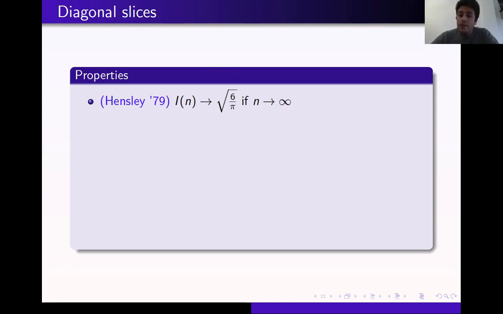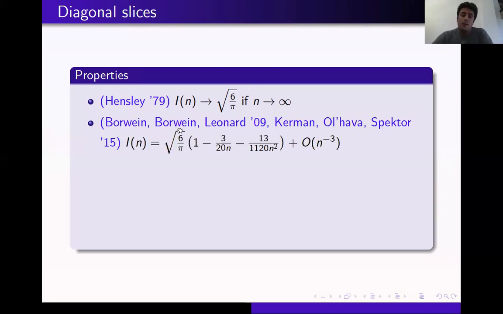But much more is known about this sequence. Borwein and Leonard in 2009 proved a very important property: the sequence I_n admits an asymptotic expansion, an expansion of the form summation of some coefficients a_i divided by n to the i, for i equals 0, 1, up to infinity.